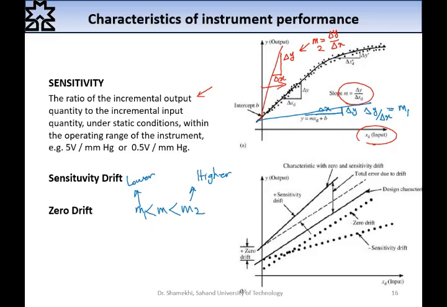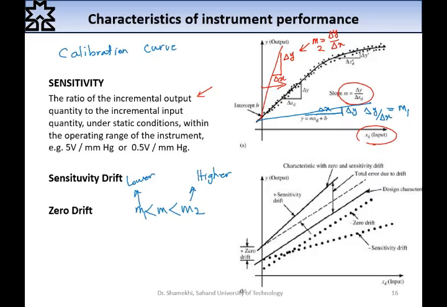I emphasize that we call this curve the calibration curve of a measuring instrument. We can plot this calibration based on some experiments, some tries, and after that we can measure the slope of that curve to calculate the sensitivity.